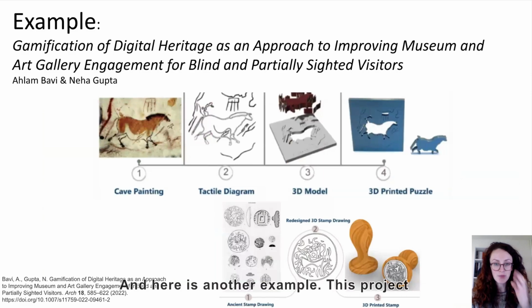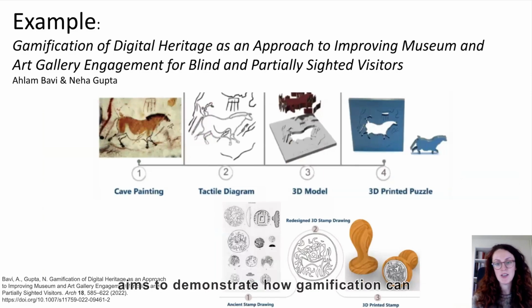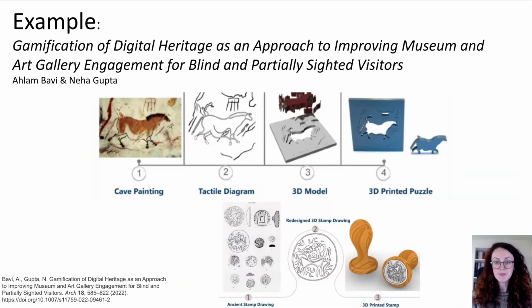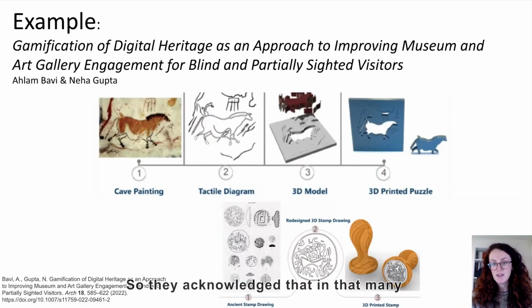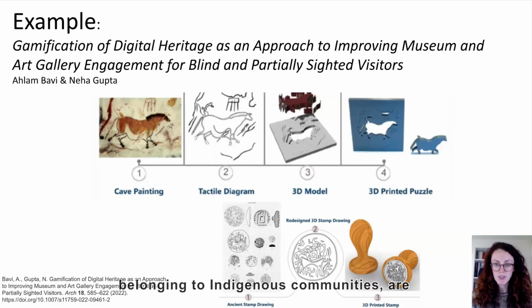And here is another example. This project aims to demonstrate how gamification can be used to increase access to museum collections to visually impaired individuals while respecting cultural values and protocols around heritage. So they acknowledge that many cultural items, particularly those belonging to Indigenous communities, are used for ceremonies and are not to be touched or played with.